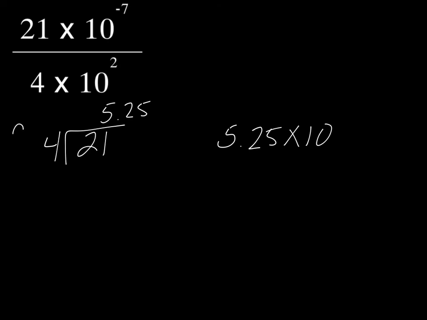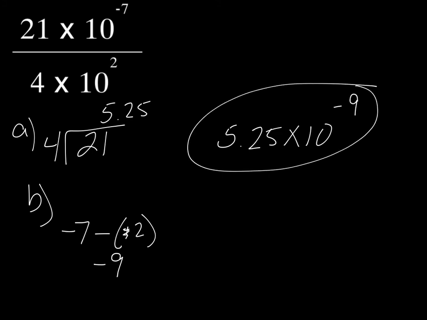And again, this is step A. Step B is going to be a -7 minus +2, which means we really have, get rid of that positive, we have the same sign, so we're going to add. So we really have a -9 for our power. So be careful with that in the division part.